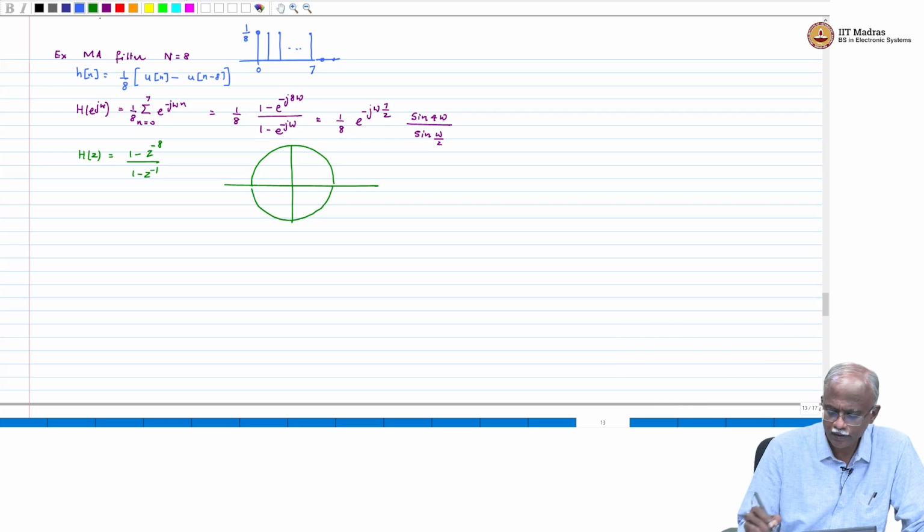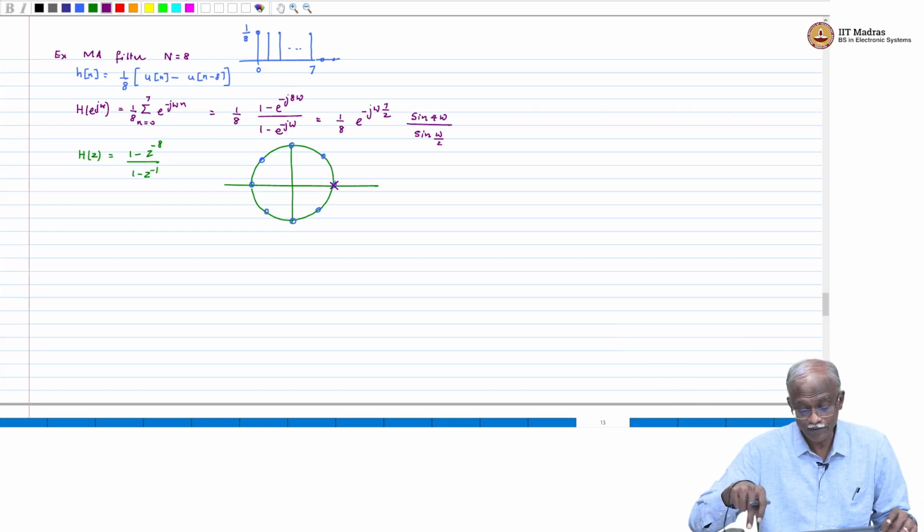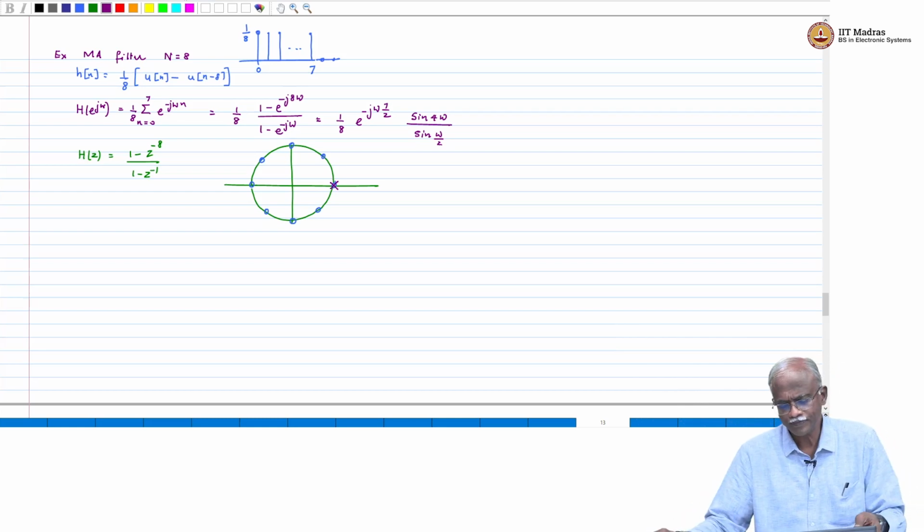So let's mark them. 1, 2, 3, 4, 5, 6, 7, 8. There's a pole at z equal to 1, so there is a pole here. There's a pole-zero cancellation, which then leaves us with 7 zeros around the unit circle.